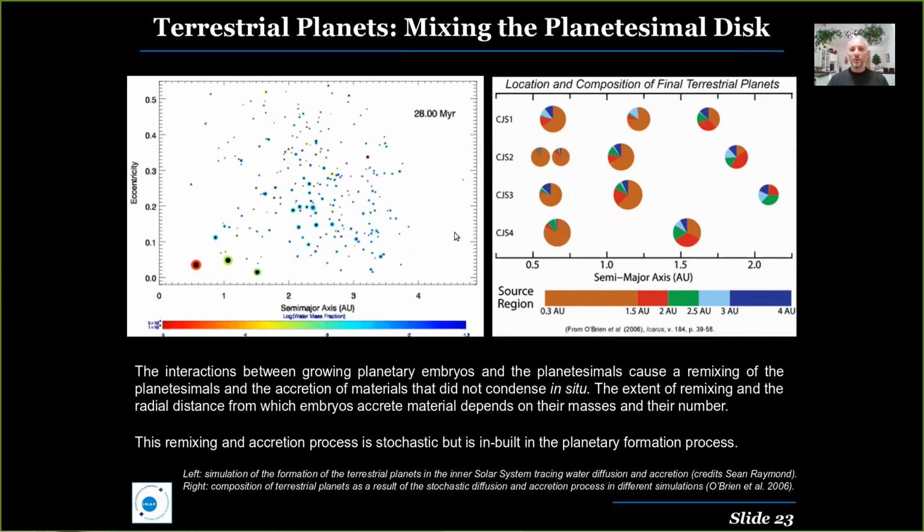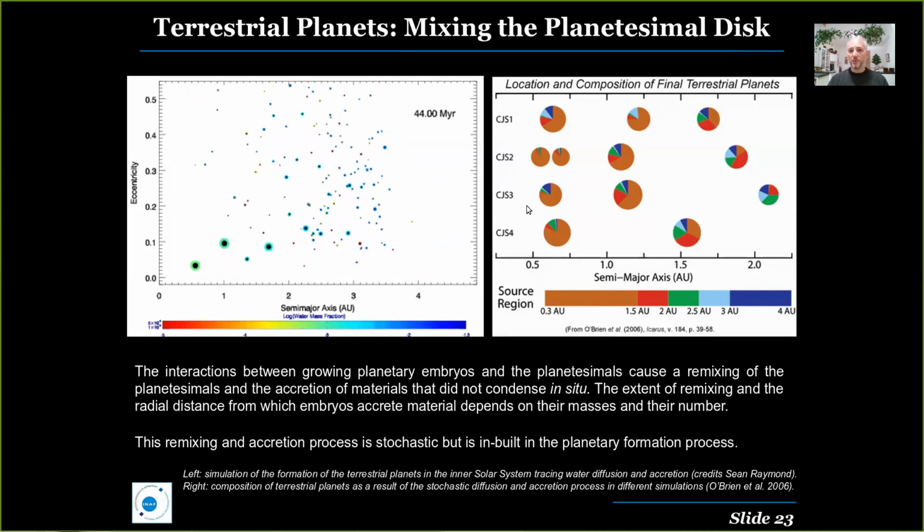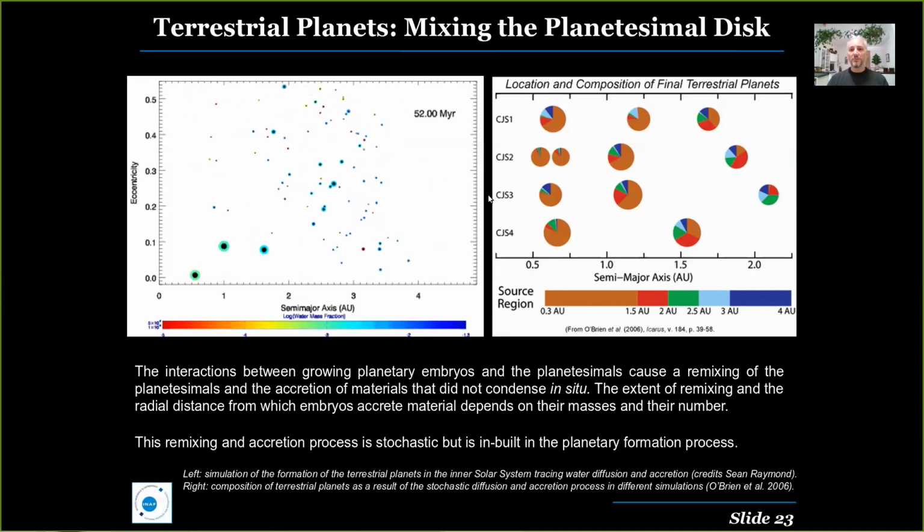This means that we don't find necessarily planets composed by material that was available in situ, but they can contain material that was not original of their formation region, but came from other regions because of dynamical encounters, scattering, and accretion.